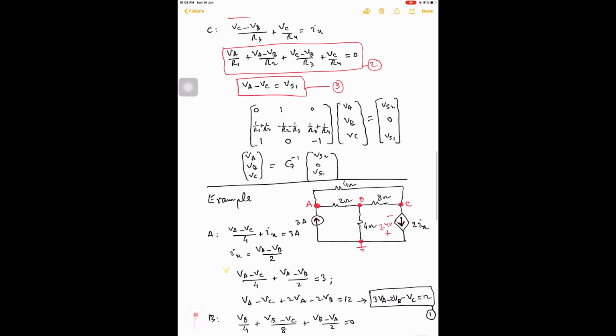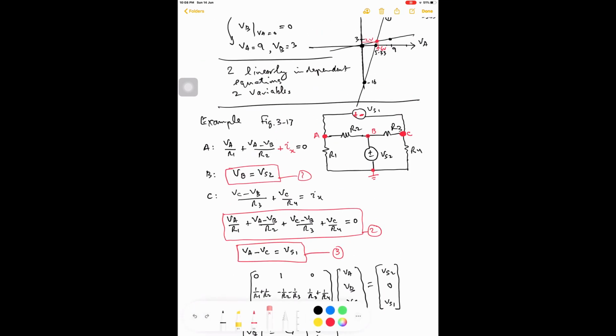Sorry, students, I meant this circuit over here, the supernode.